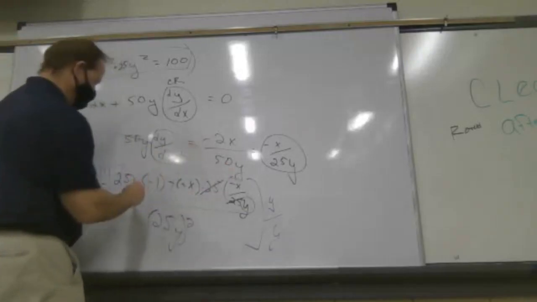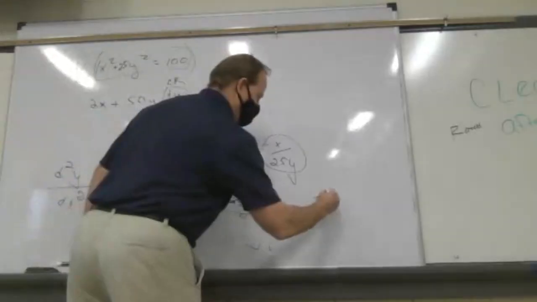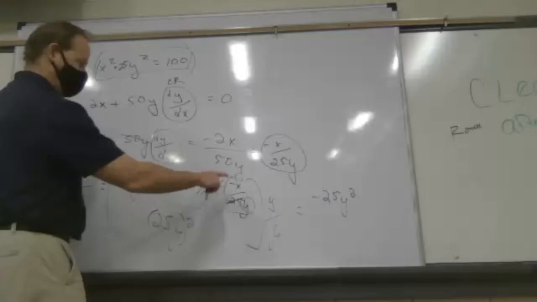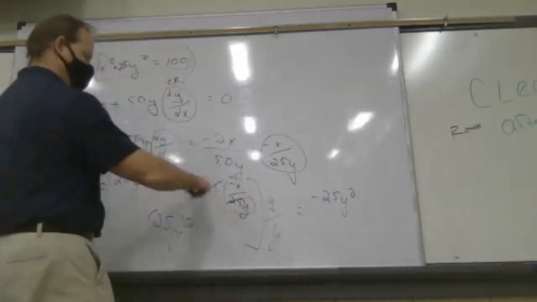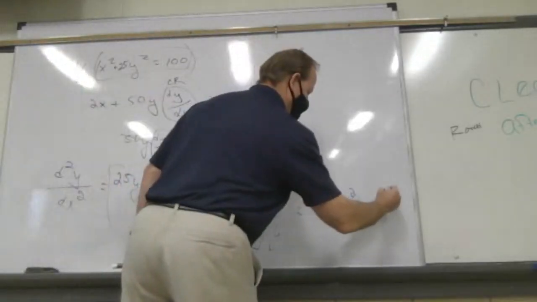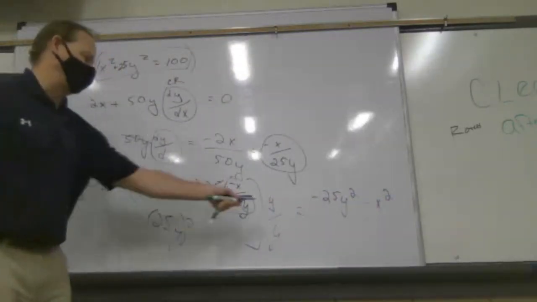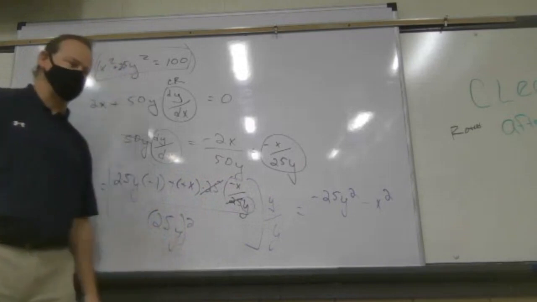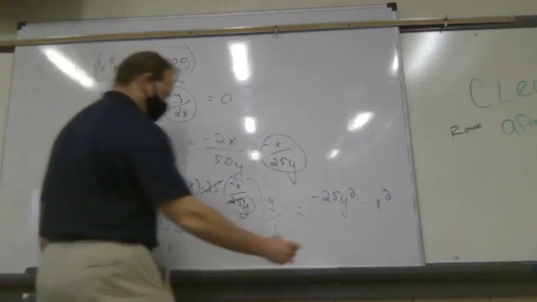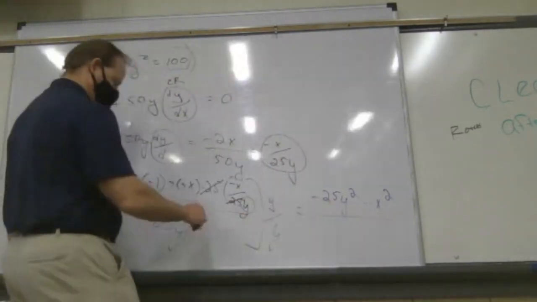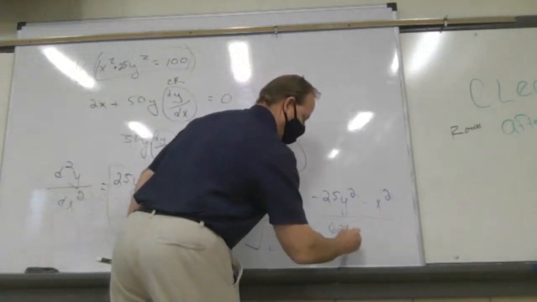Multiplying right through, I get minus 25y squared minus x squared, because the y times the first one is y squared, and then the y's cancel in the second term. All over 625y squared.